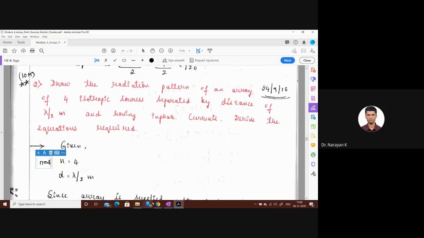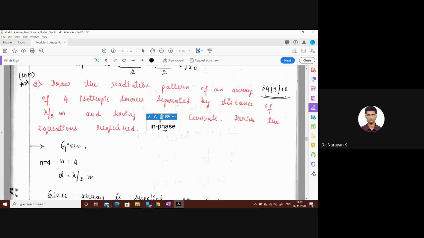In phase current is written, sir. Yes, this is in phase. Can you see? This is in phase current.